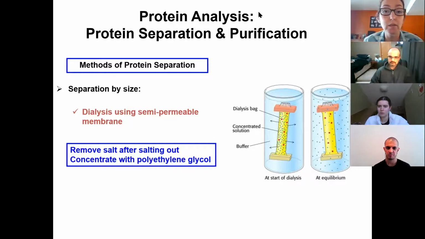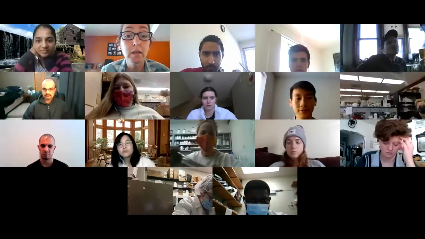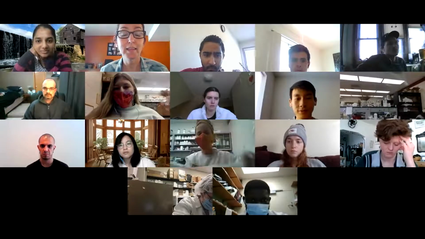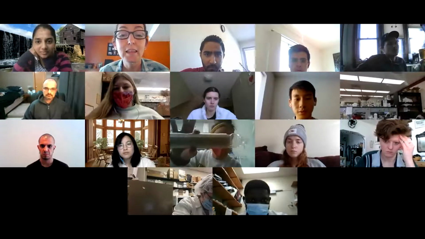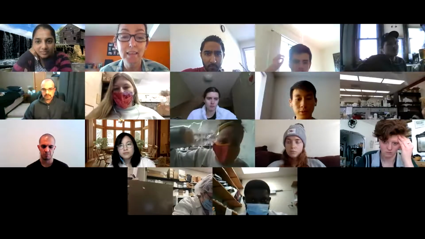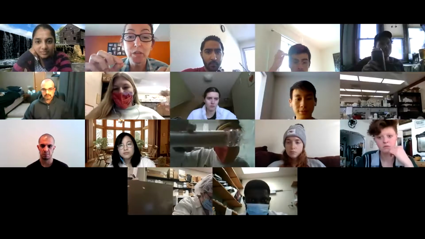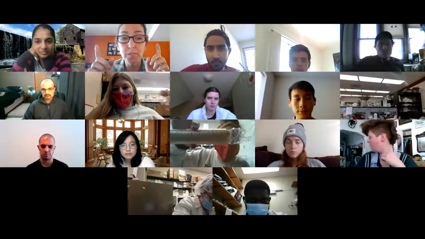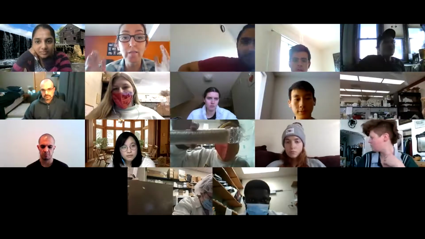I'll stop sharing. You can see it right now, though because of my lighting it's hard. This is the tube that it comes in, and it's just pulled out a little bit more here. I don't have the best camera. When you pull it, you pull a certain length based on how many milliliters of sample you have.